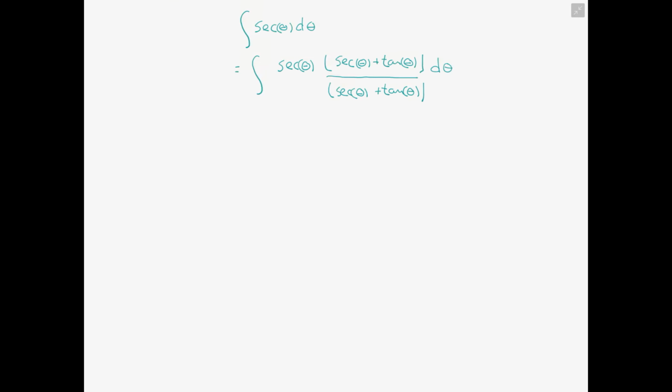We know that this ratio is 1, but that allows us to have an integrand that we can substitute. So secant squared theta plus secant theta tan theta, we're just multiplying through, over secant theta plus tangent theta d theta.